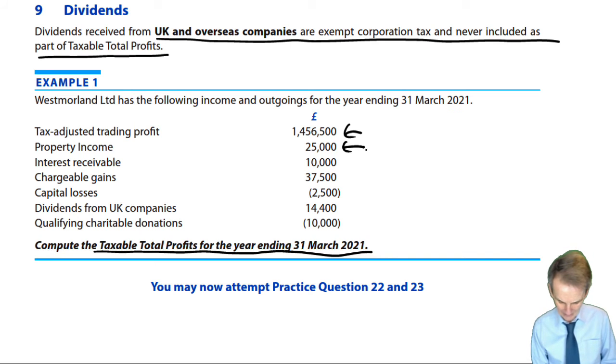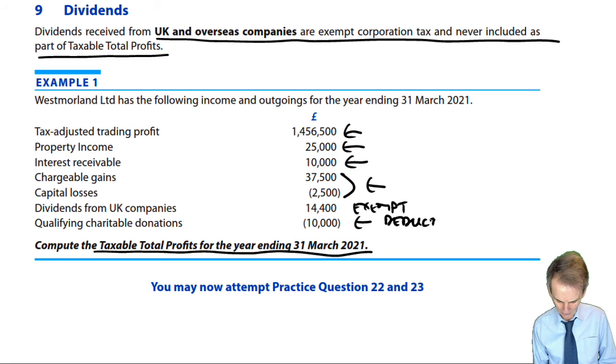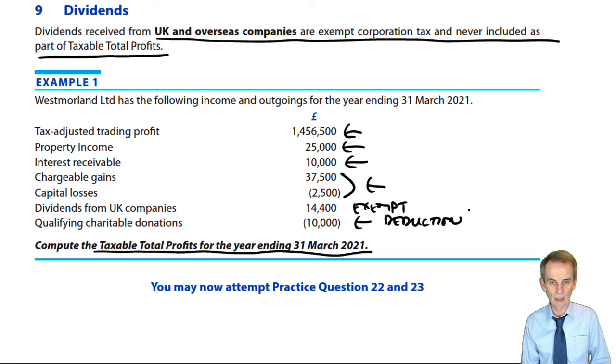We have property income taxable within the corporate tax computation, interest receivable taxable within the corporate tax computation, chargeable gains less capital losses taxable within the corporate tax computation, dividends from UK companies, whether indeed it was from UK or overseas, but overseas issues are not as such a part of our syllabus. Dividend income is exempt. Qualifying charitable donations there, that of course is an allowable deduction from total profit in deriving then what will be TTP.